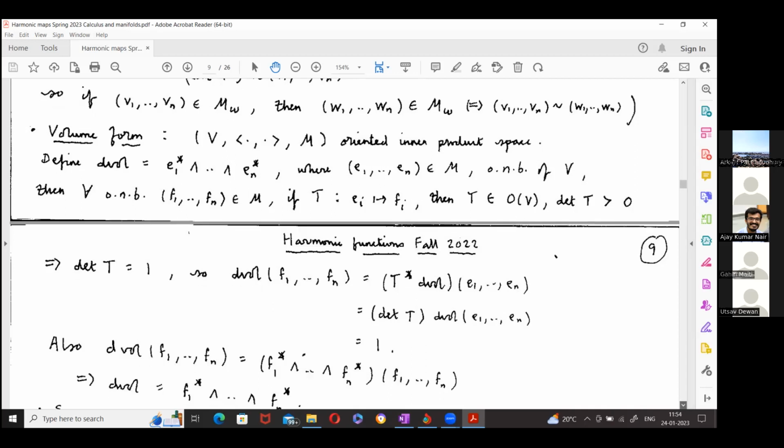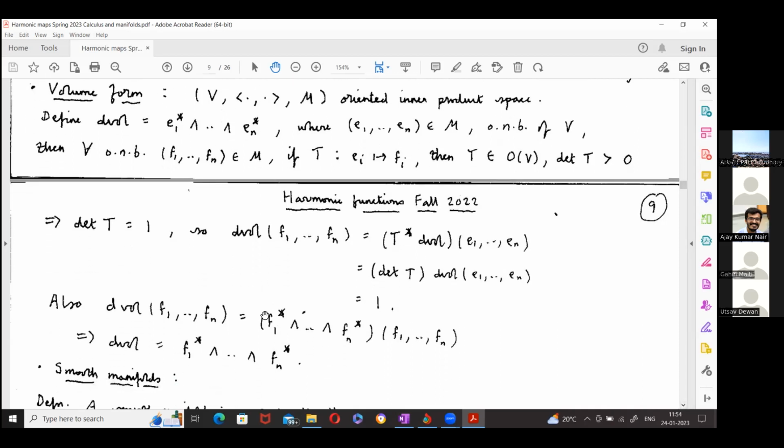But also, if I look at F1 star wedge Fn star, this acting on F1 to Fn is also 1, right? So therefore, my two n-forms, d-vol and F1 star wedge Fn star, take the same value, plus 1, on this ordered basis F1 to Fn.